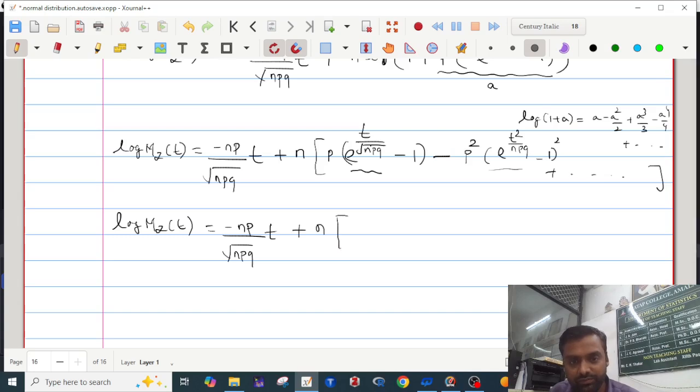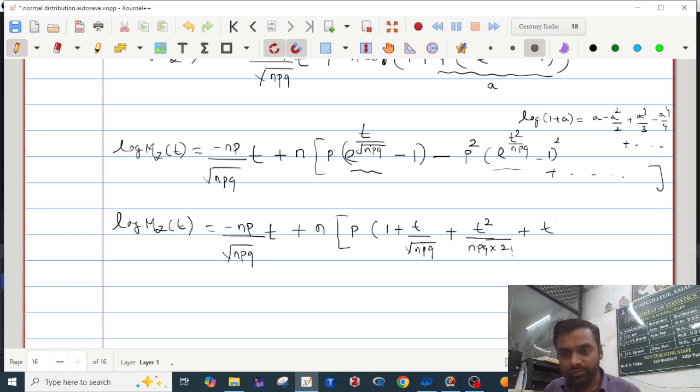This is n into the series of e raised to x, which is 1 plus x, that is t upon under root npq, plus x square, that is t square upon npq into 2 factorial, plus t cube upon npq raised to 3 by 2 into 3 factorial. So if we solve only this bracket, we will get the higher powers of these denominator terms.